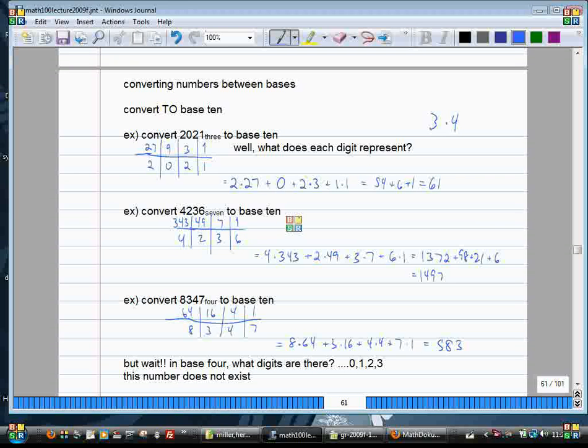If I was going to write the place values in base 7, it would be ones, tens, hundreds, thousands. But the whole point is to represent it in base 10, which is what we are familiar with. So in base 10, the first place value is 1. Next place value is 7. Next place value is 49.